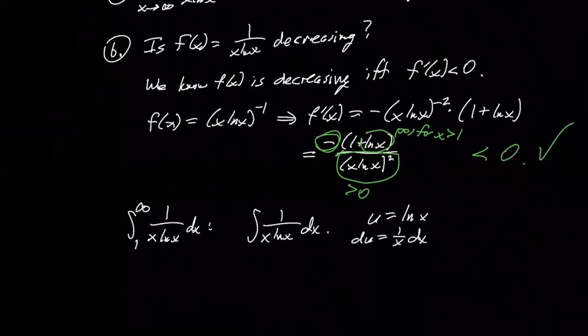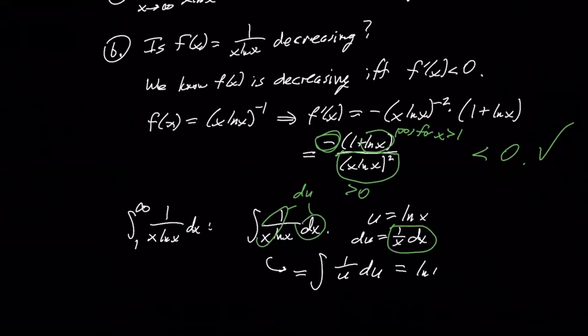This integral actually equals the integral of 1 over u du, because the 1 over x dx is right there. So that whole thing can become du, and then we have 1 over u, 1 over ln x. So that is ln of u.